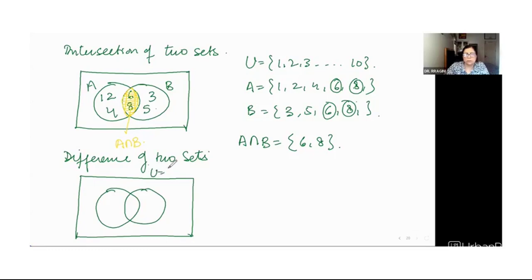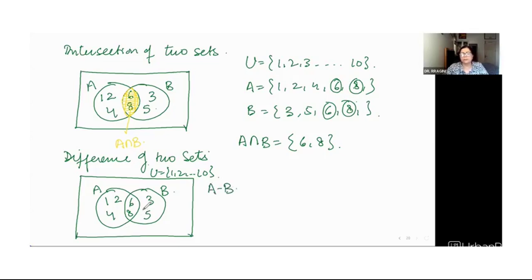This is U from 1 to 10. Now A, we have marked 1, 2, 4, 6, 8. 3 and 5 are there, right? A and B. So what is A minus B?